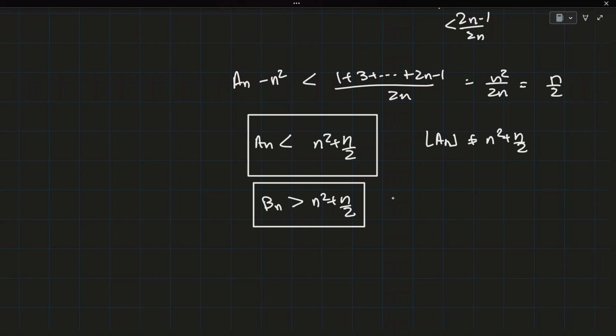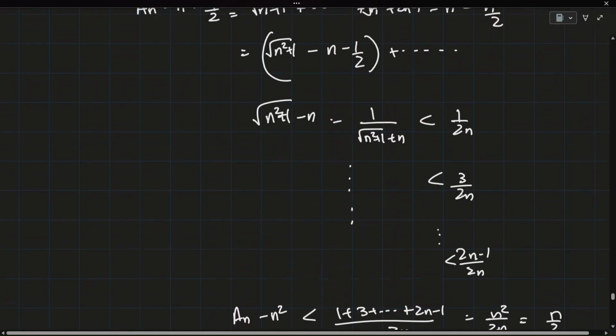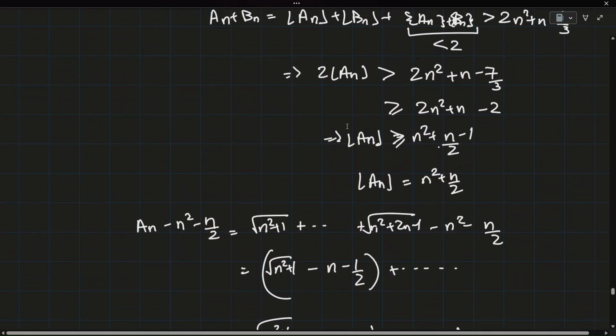So the only choice we have is that greatest integer of an has to be n square plus n minus 1 by 2. This is obtained by combining with this inequality.